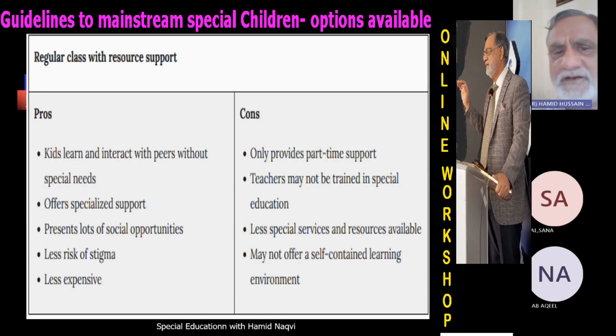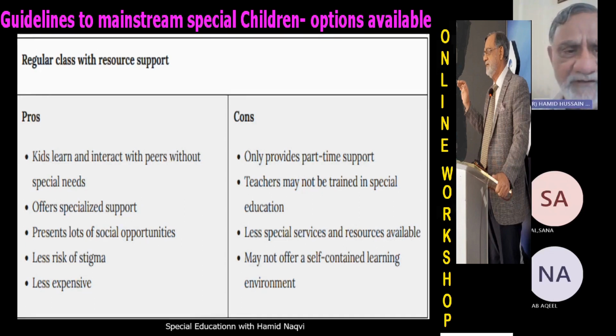And then what are the demerits? What are the cons? This type only provides part-time support. Teachers may not be trained in special education, and in this type, fewer special services and resources are available. And this type may not offer a self-contained learning environment.